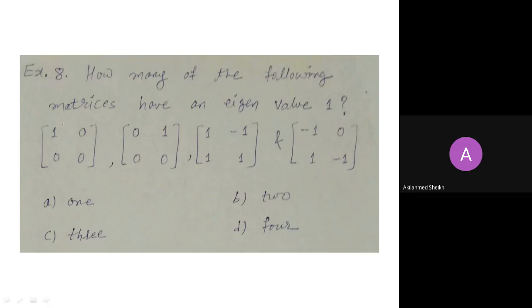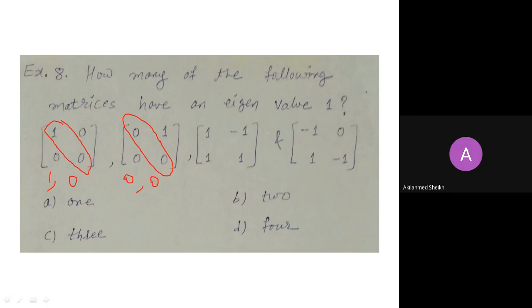So observe your first matrix here. This is a diagonal matrix, which means its eigenvalues will be 1 and 0. Second matrix here: this is an upper triangular matrix with diagonal elements as 0, which means its eigenvalues will be 0, 0.